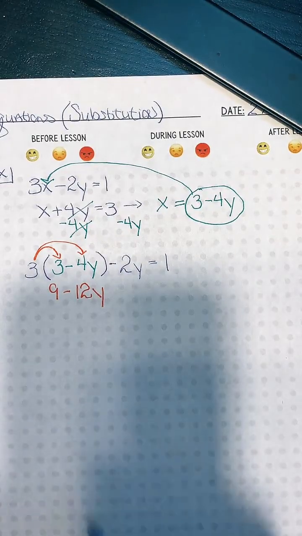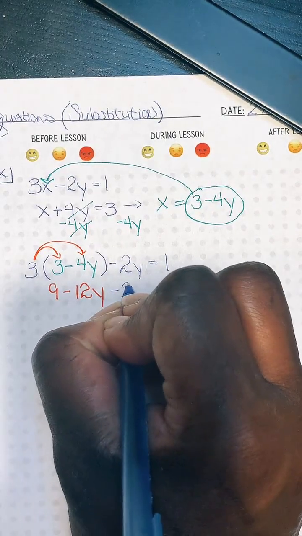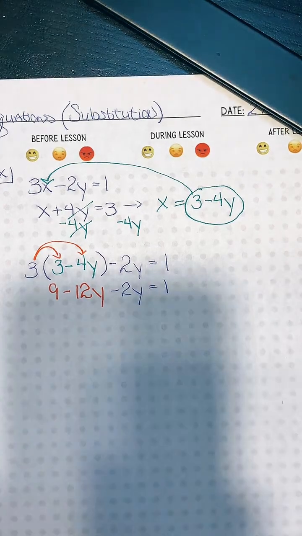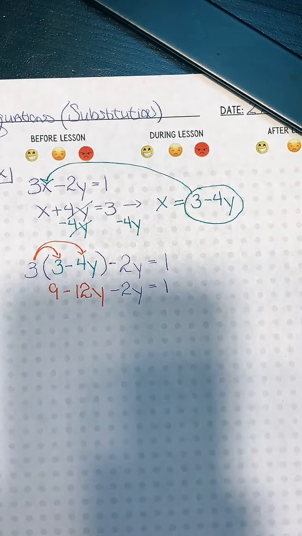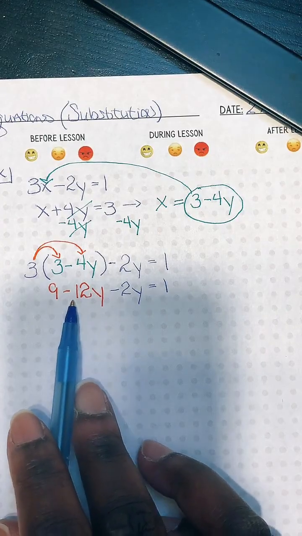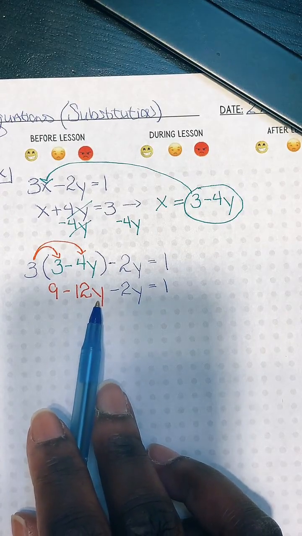And then we bring down the minus 2y equals 1. So we do have a 9, but it's going to be a negative 12y.